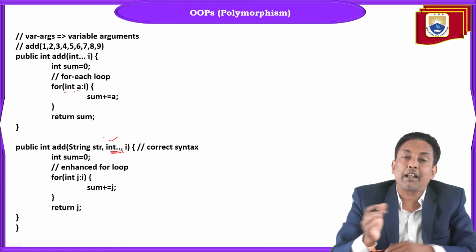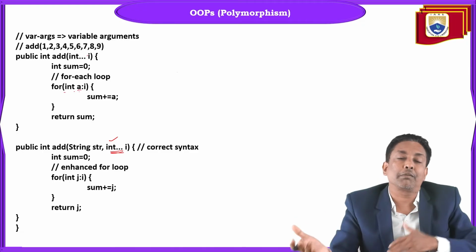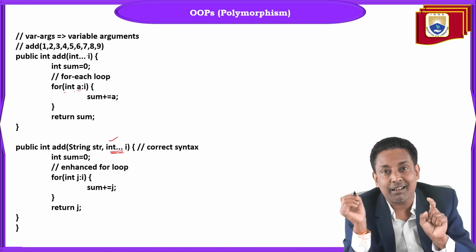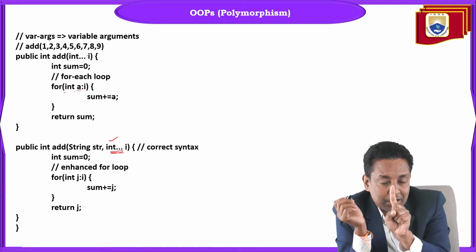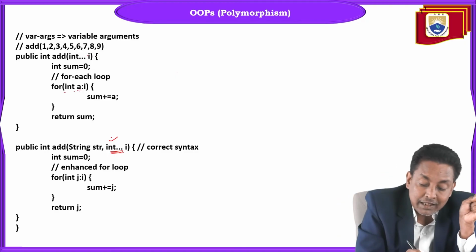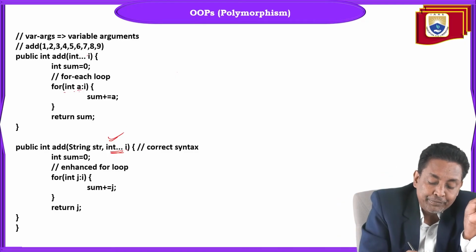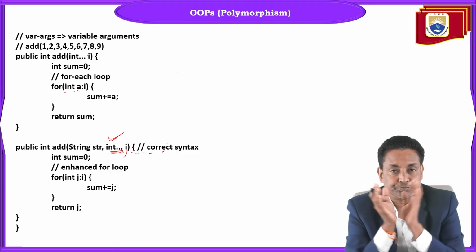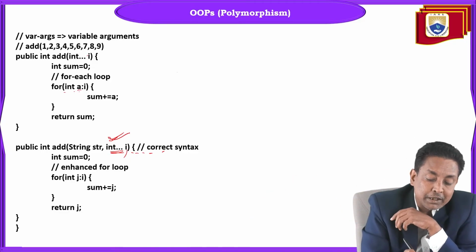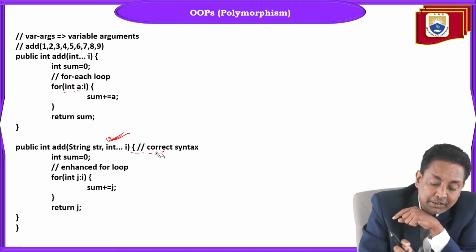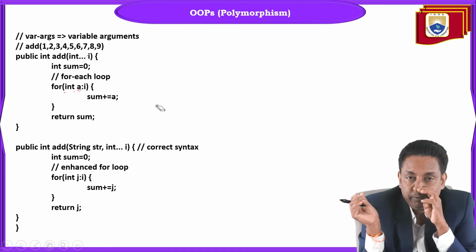Whereas a method can take any number of int parameters, string parameters, float, double, char, boolean parameters, it can take only one vararg as a parameter. That vararg can be used only as the last parameter of the method, and after the vararg parameter we should not write any other parameters. Vararg should be the last parameter of the method, and a method can have only one vararg parameter. If you satisfy that condition, you can go for vararg parameters.